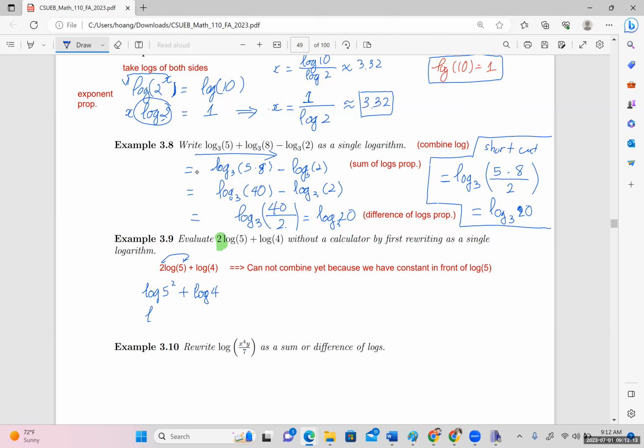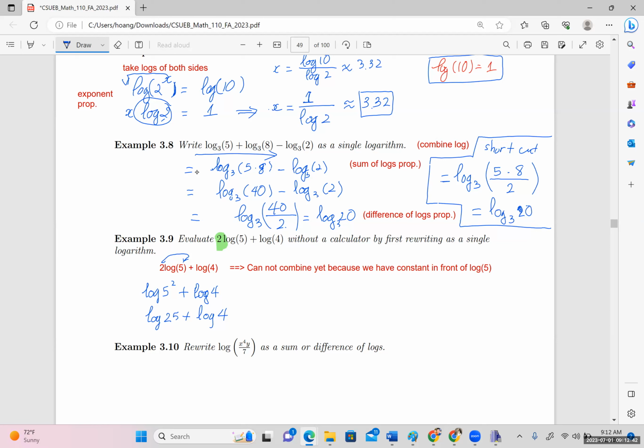You have log 25 plus log 4. Okay, now we can combine, right? Because you don't have any issue with a constant in front of it.